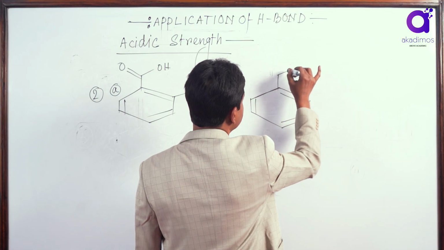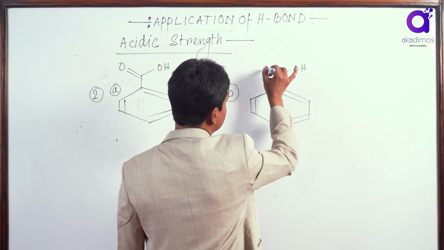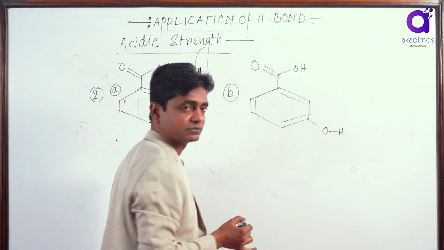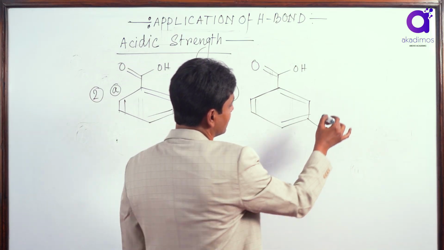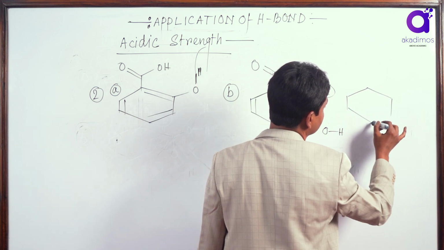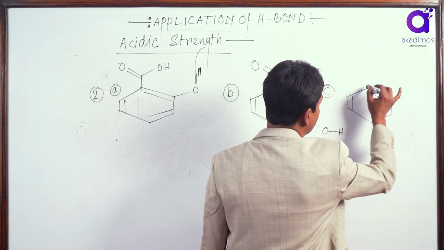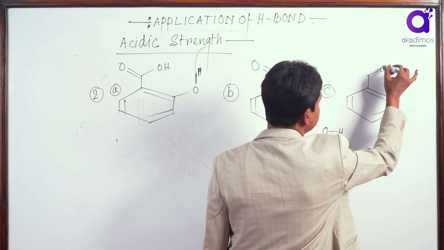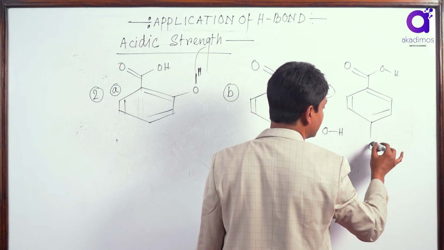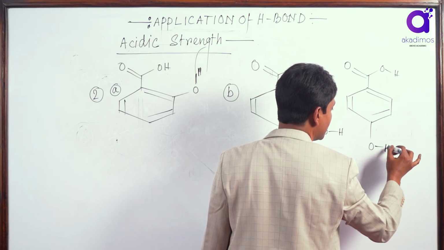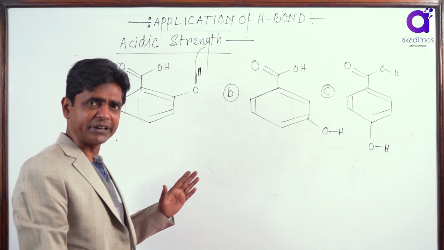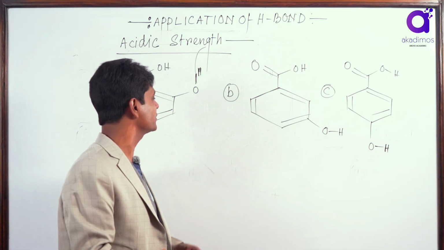It is benzoic acid, COOH, take OH at the meta position, 1,3. And the last one, take OH at the para position. Parahydroxybenzoic acid. If the question is to compare the Ka value or acidic strength, the pKa value order will be the reverse order.